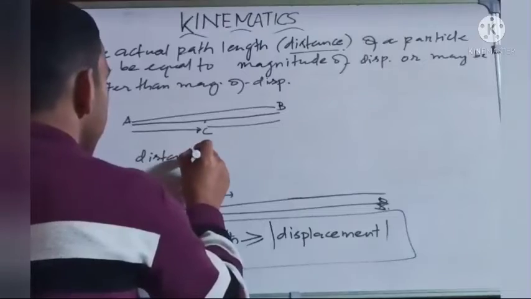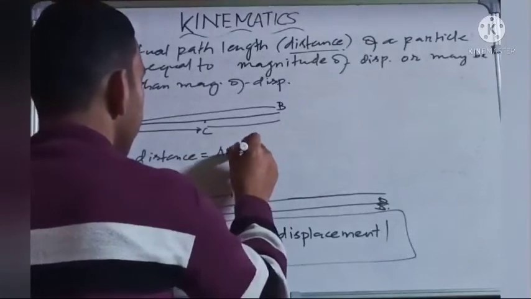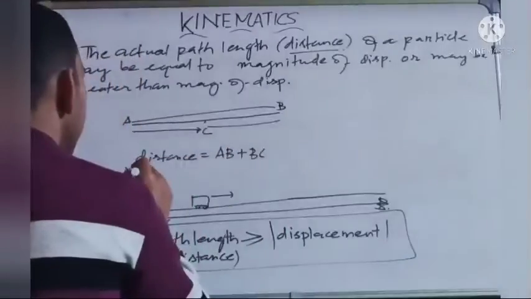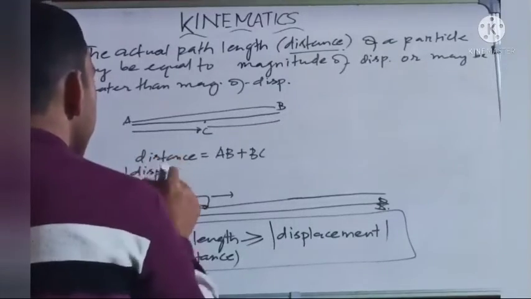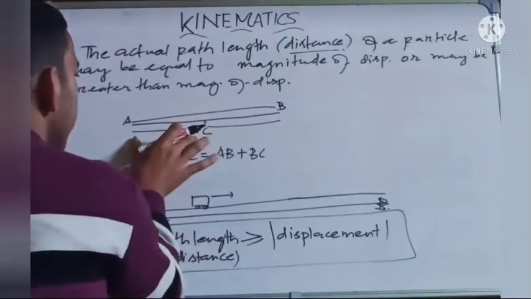Distance traveled will be AB plus BC, but the magnitude of displacement is this AC vector, so the magnitude will be AC.